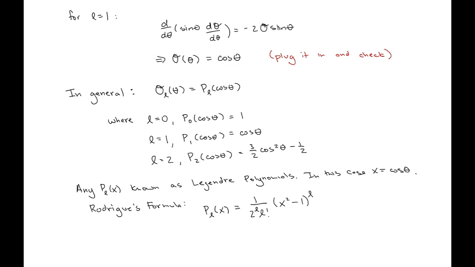So let's put together what we have so far. We have a general solution for a particular L value. Our potential for that particular L value is going to be equal to our big R, which depends just on the radius, our big theta, which just depends on theta.